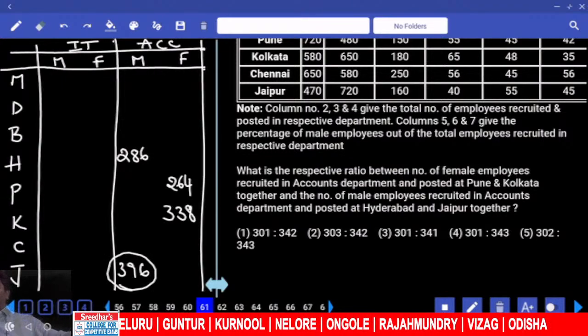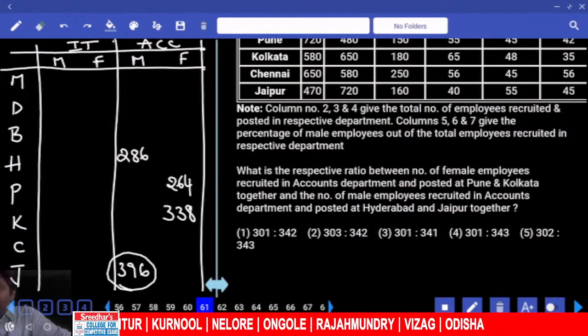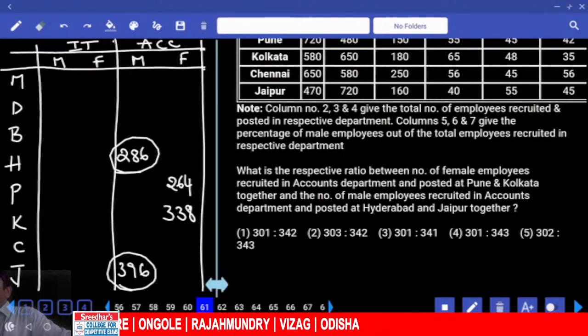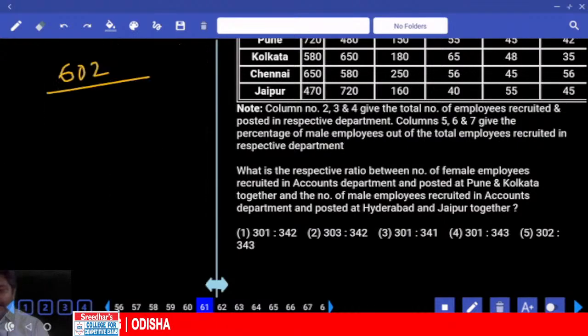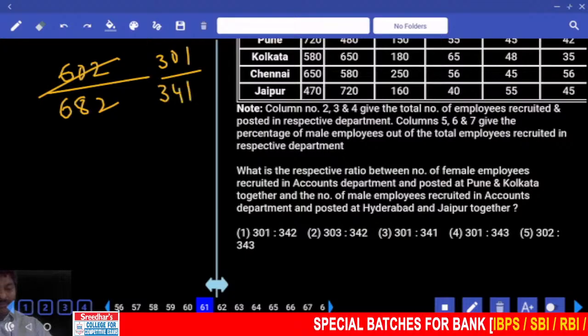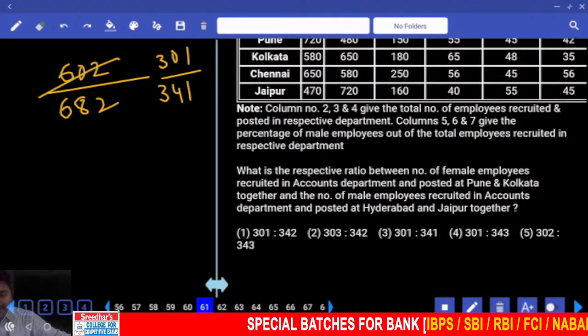To make this number 396 a round figure, how much do we need? Take 4 from this fellow. 282. 282 plus 400, 682. Look at your options. Cancellation with 2, 3, 4, 1. Third option. Right.